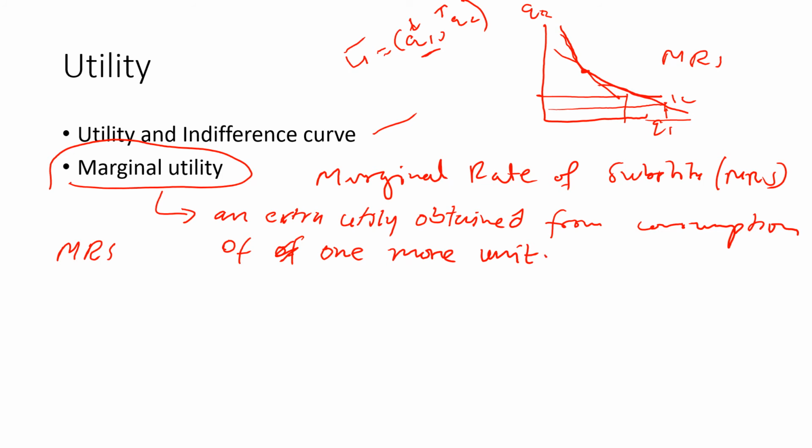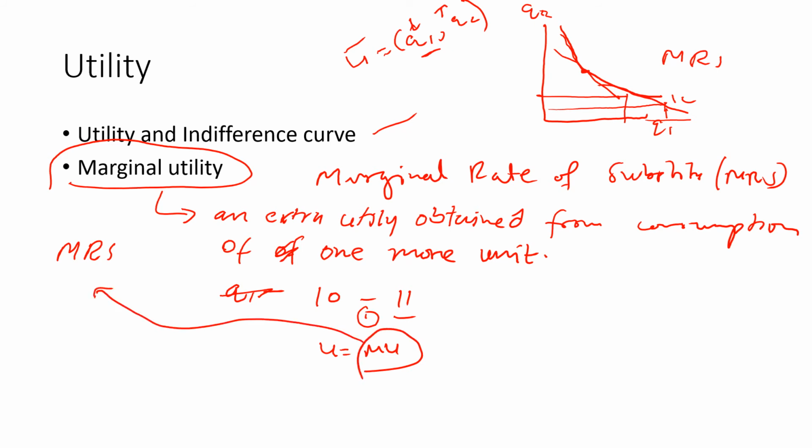We have Q1, we have Q2. If an individual consumes one more unit of, let's say he was consuming 10 pesos and now he's consuming 11 pesos, how much additional utility has this extra unit given? That utility is called marginal utility, and this marginal utility is important for the derivation of MRS. So marginal utility basically declines as we consume more and more of a certain good.